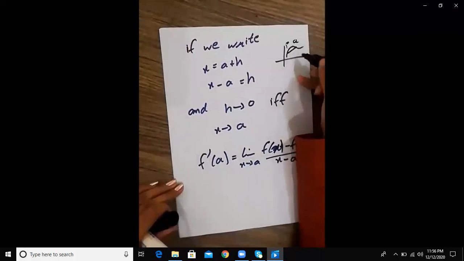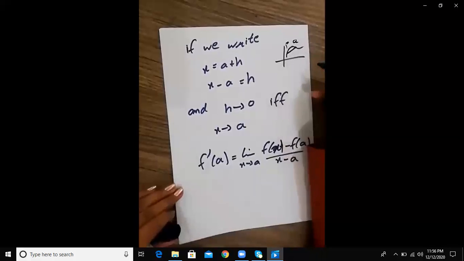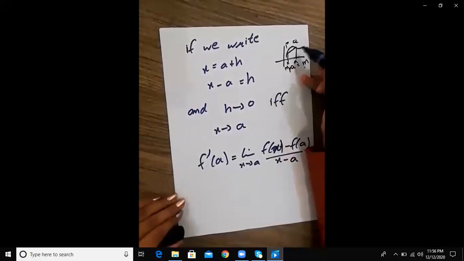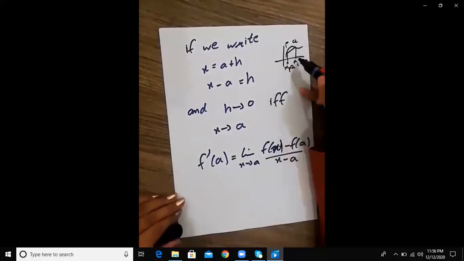These are the points P and Q. We make a secant line, and we want to find the slope of that secant line. If the slope approaches some number m, then we say that the tangent at point P exists. And the slope approaches m if we let Q approach P along the curve.